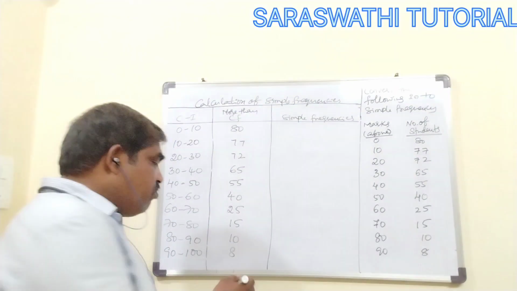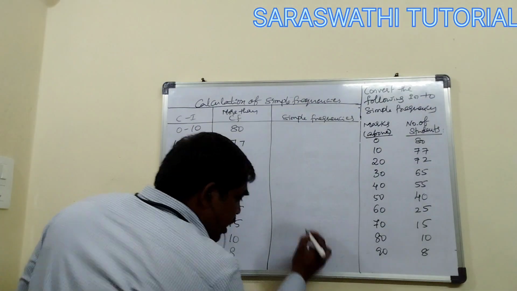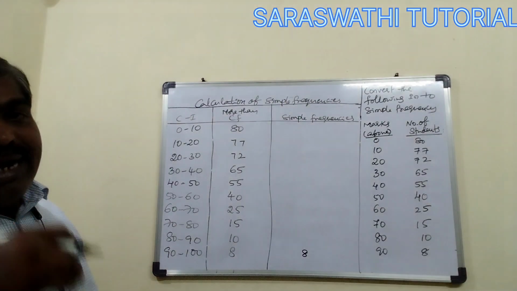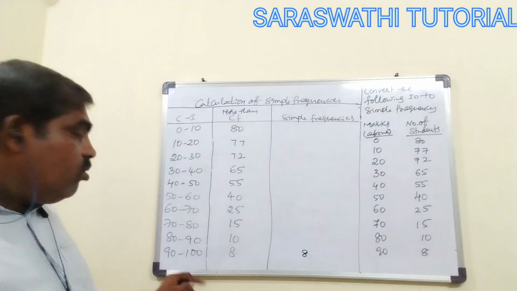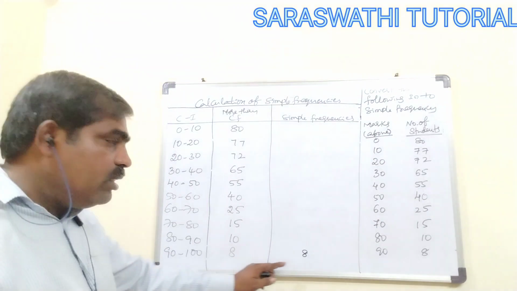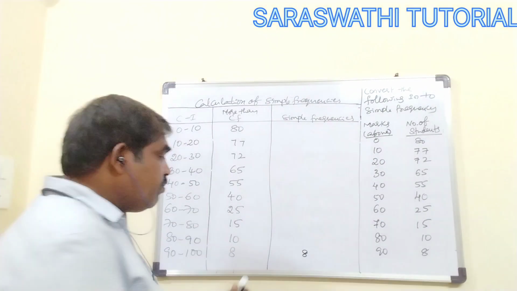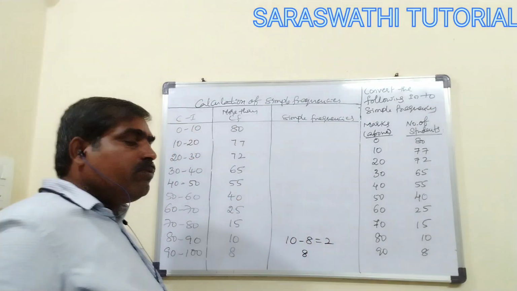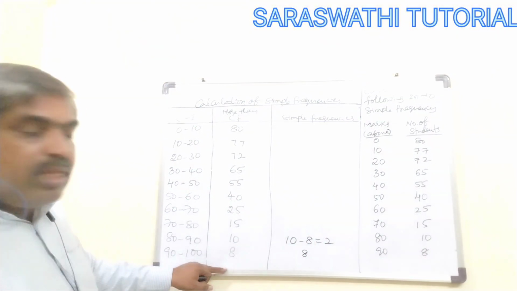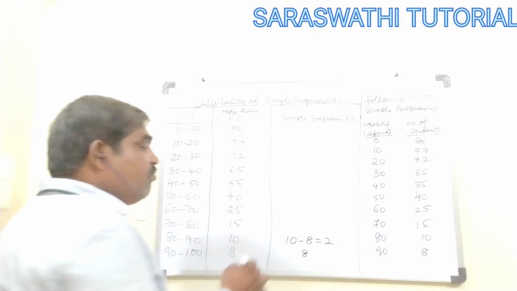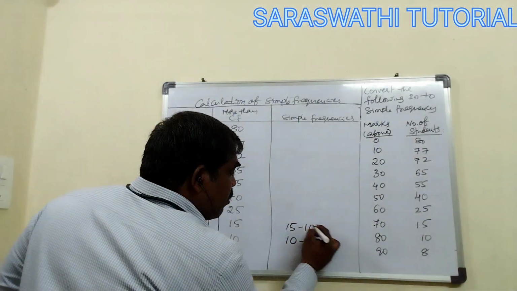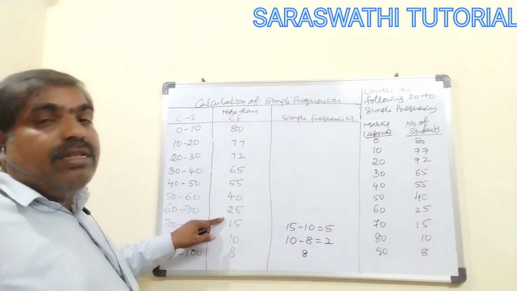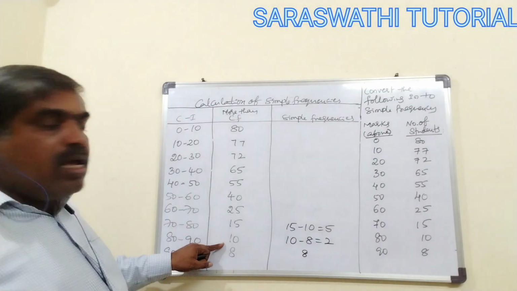How? The last one we take as it is. Above 90, that is 90 up to 100 only, which is 8. Then the next one, 10 minus 8, which is 2. Just take the difference between these two. Next, 15 minus 10, take the difference; it cannot be 10 minus 15, we have to take 15 minus 10.